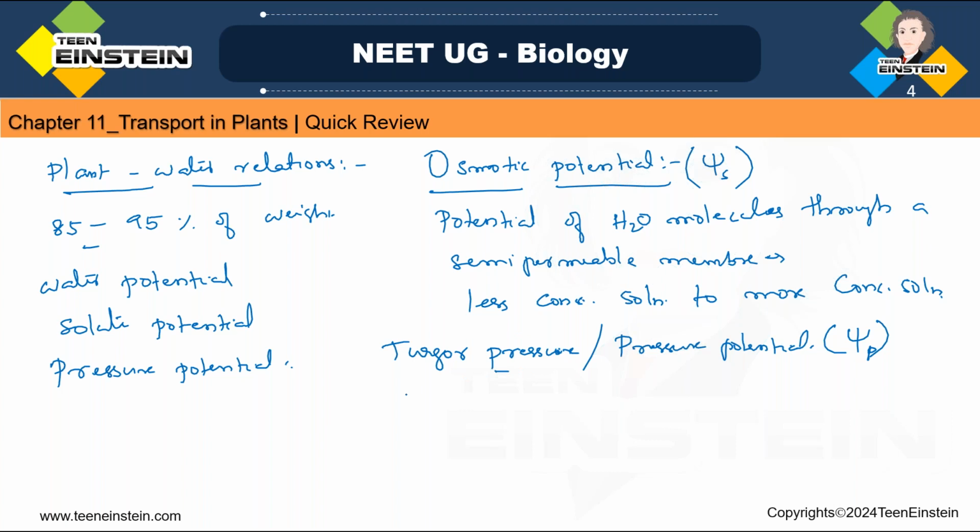Turgor pressure means the pressure exerted by the protoplasm, which is inside the cell. From inside the cell, the protoplasm is exerting a pressure against the cell wall.